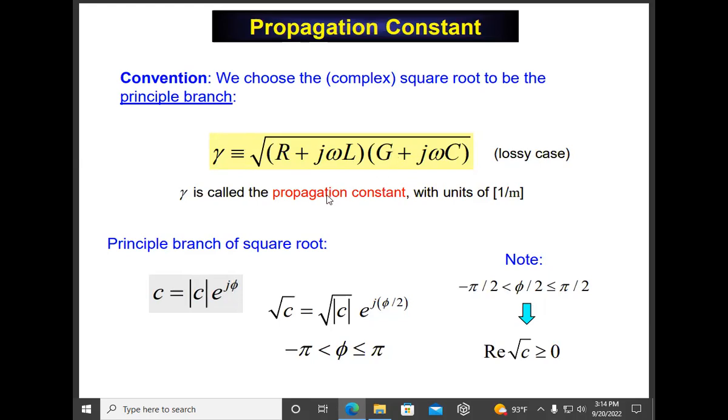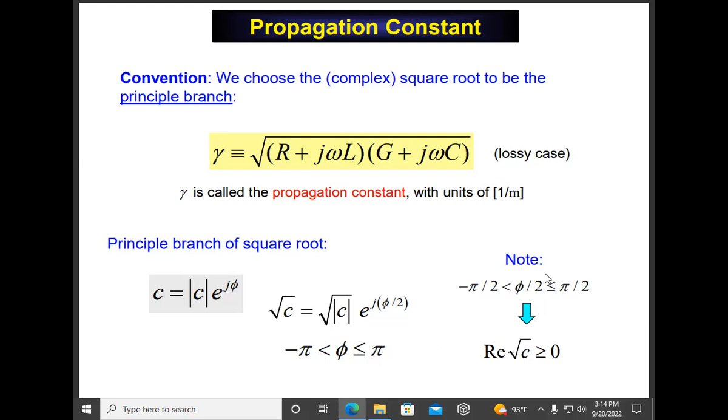And now the official name is again called the propagation constant, and the units are 1 over meters. Okay. We already talked about this. Just allow me a 30-second review. If you have any complex number in polar form, then the principal square root cuts the magnitude down by square root and divides the phase angle in half. But for a principal square root, we make the agreement that the angle is between minus pi and pi inclusive.